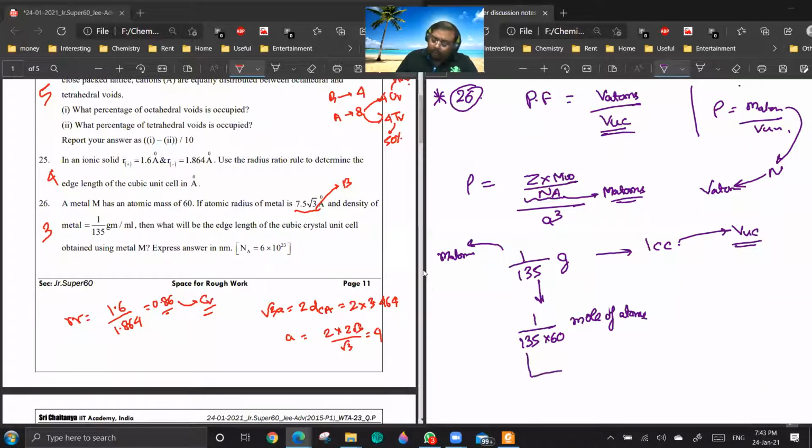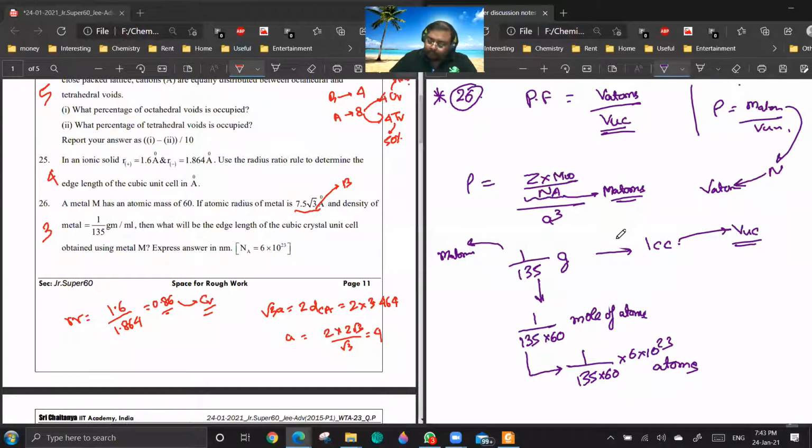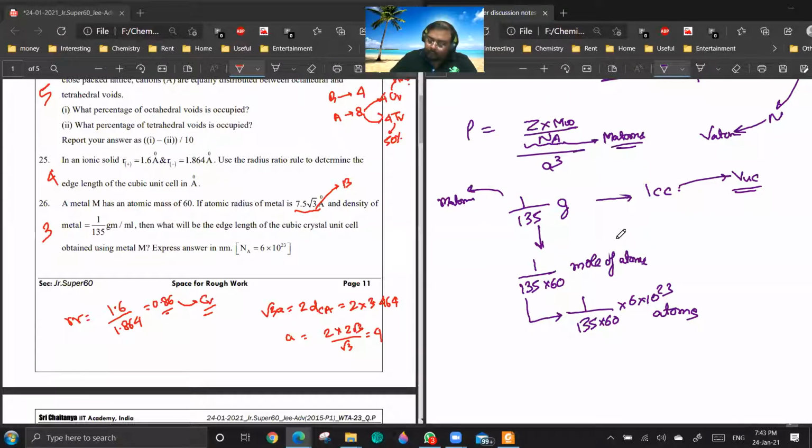Yes or no? Which is what? 1 by 135 into 60 into 6 into 10 to the power 23 atoms. That is equal to what? 10 to the power 22 by 135 atoms.